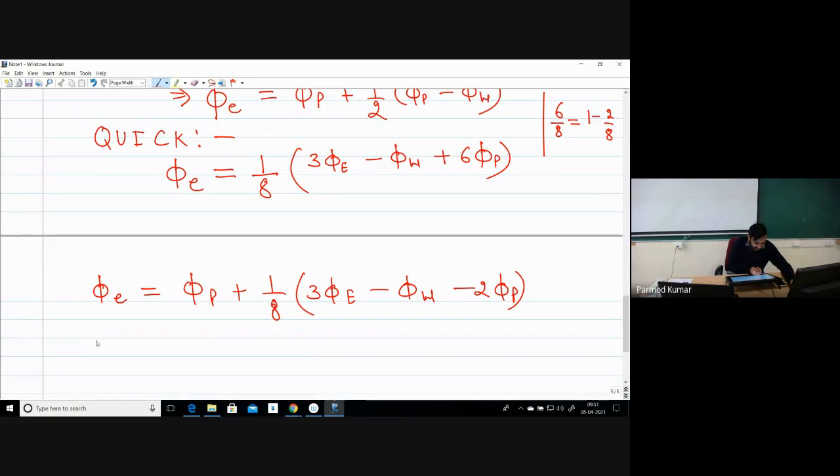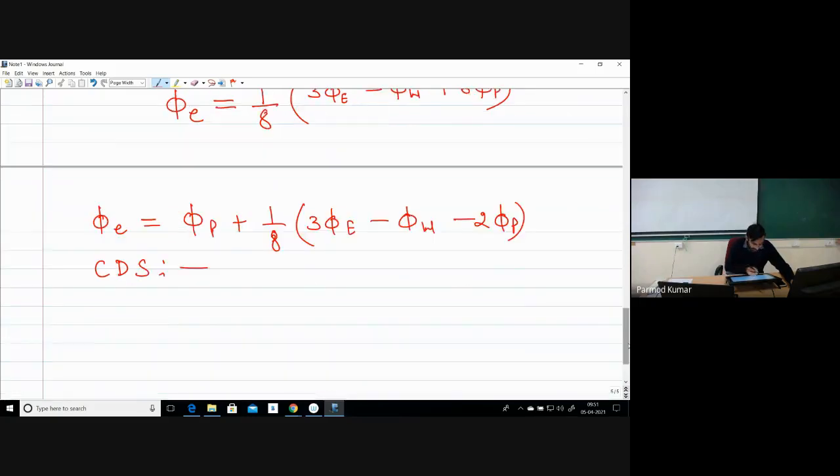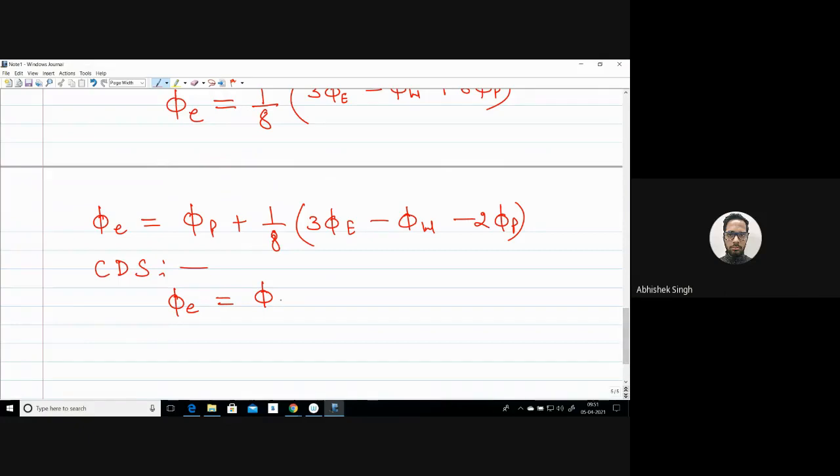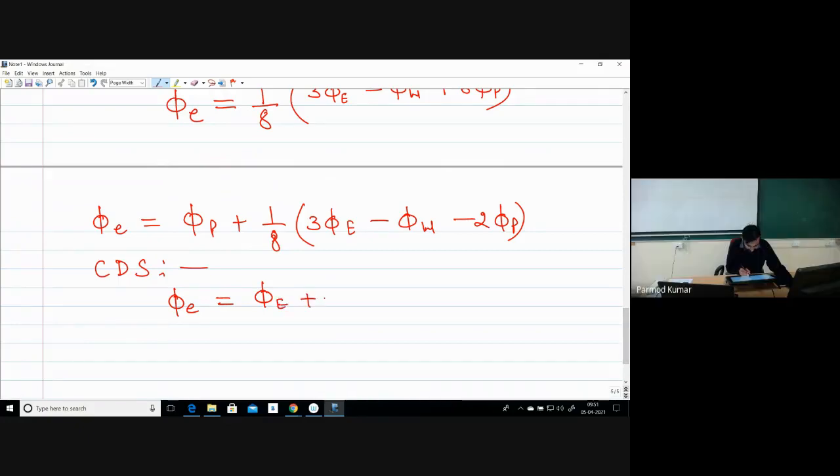What will we get from the CDS scheme? From the central difference scheme, I will get phi E as equal to, what will I get from central difference? Can you tell me? Phi E plus phi P divided by 2.